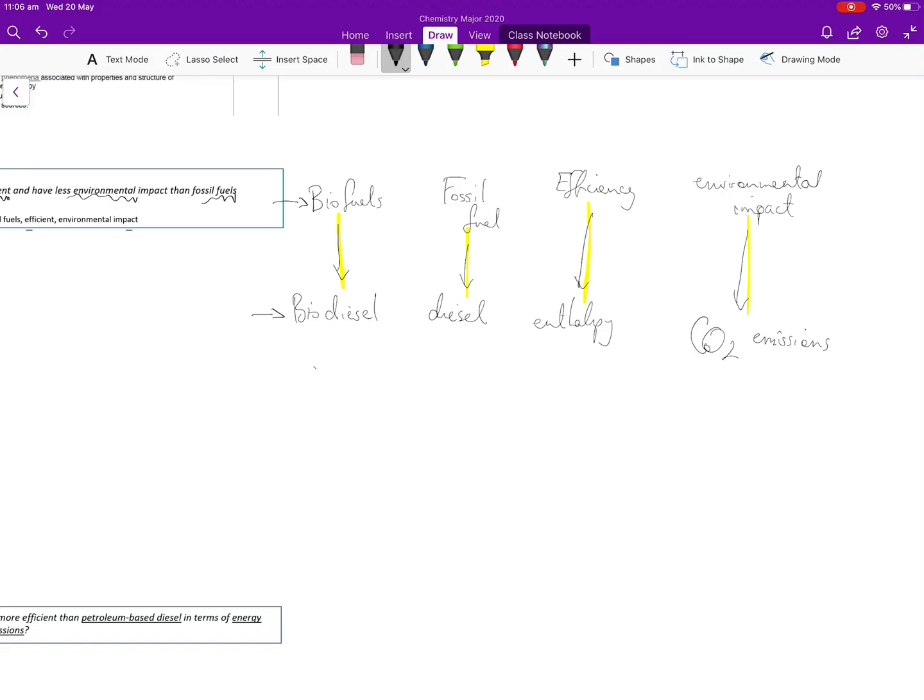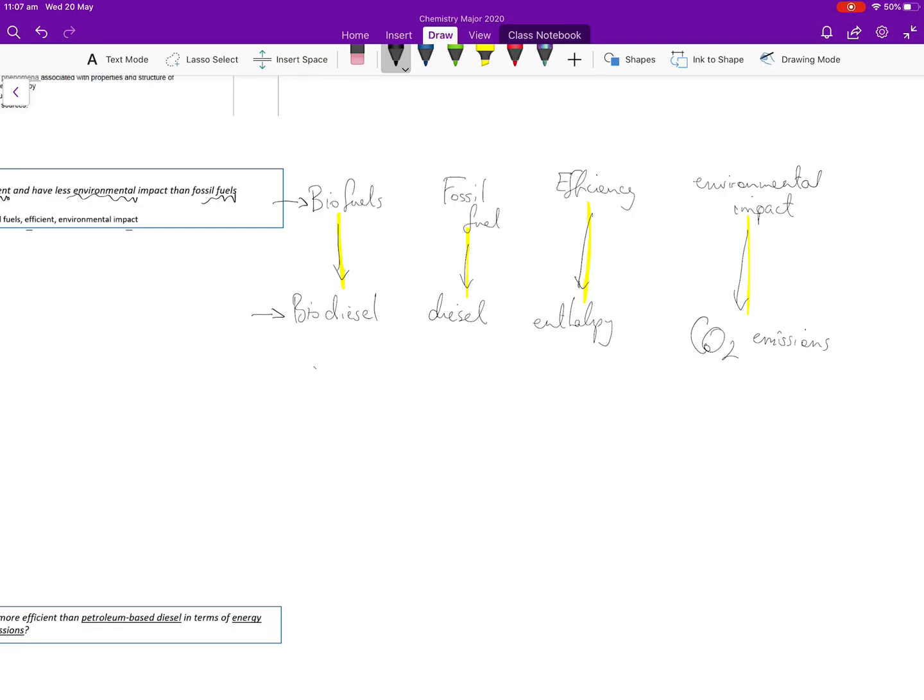One example of a biofuel is biodiesel. In contrast, fossil fuels are developed from fossilized materials, or whatever the definition that you find. There are many examples of fossil fuels, one being diesel. Biodiesel was chosen to compare to diesel as they have similar applications.